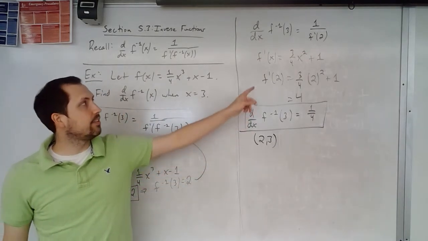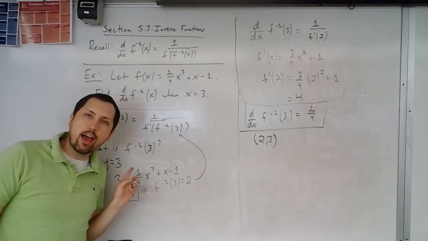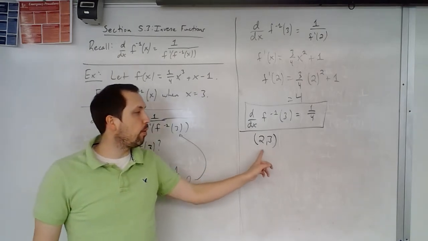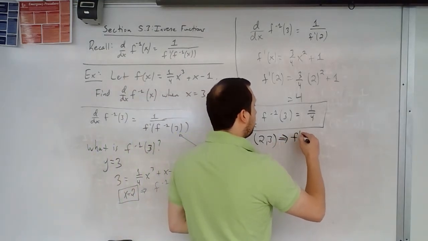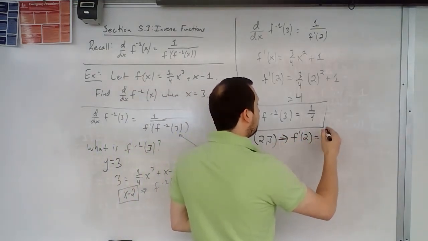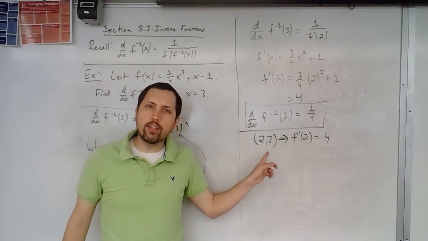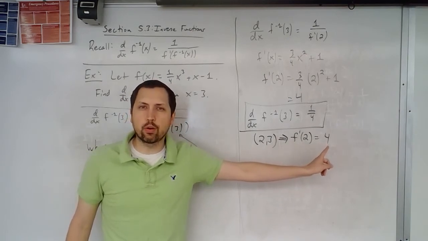If we look back at our original function, when x is equal to 2, I have the y value of 3. So at this point, f prime at 2 is equal to 4. This is a point on the function, and the slope of the tangent line is equal to 4.